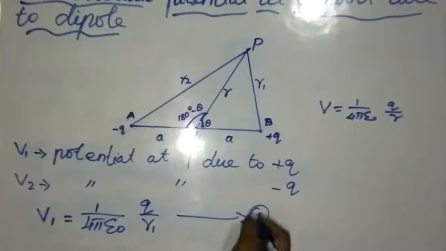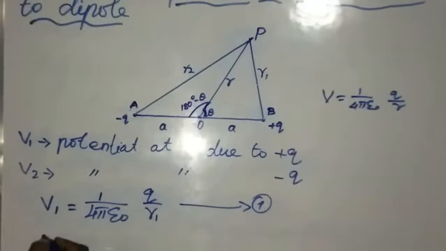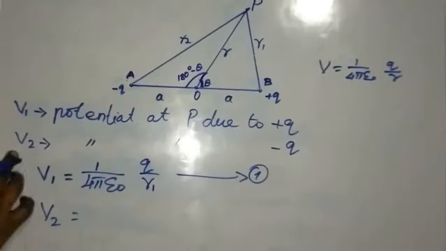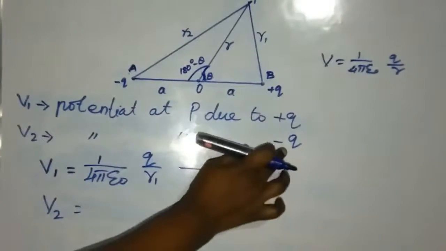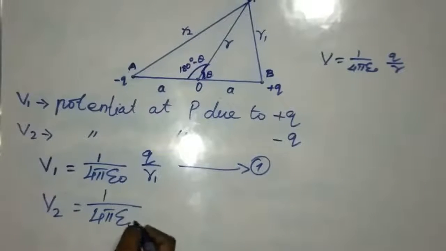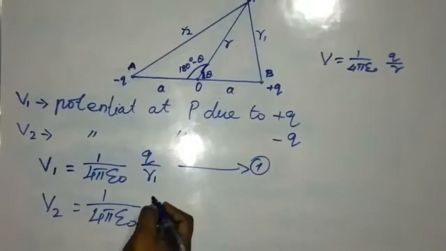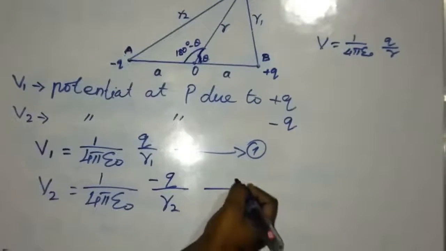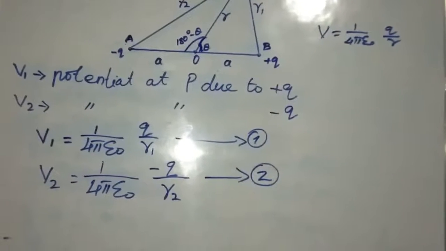Say this is equation number 1. Now V2 is the potential at P due to minus Q. So V2 equals 1 by 4 pi epsilon 0, here minus Q, so minus Q by R2. Say this is equation number 2.